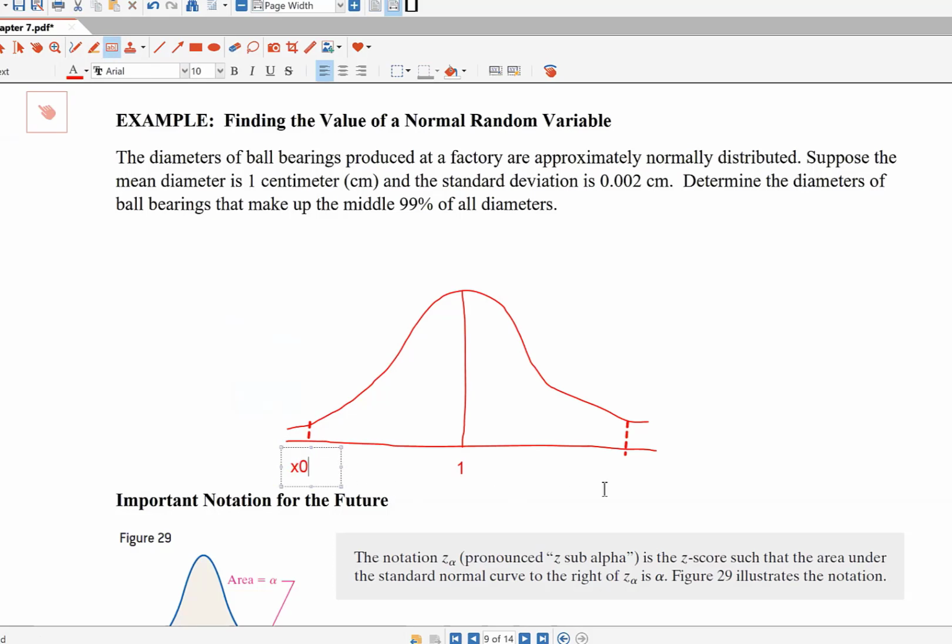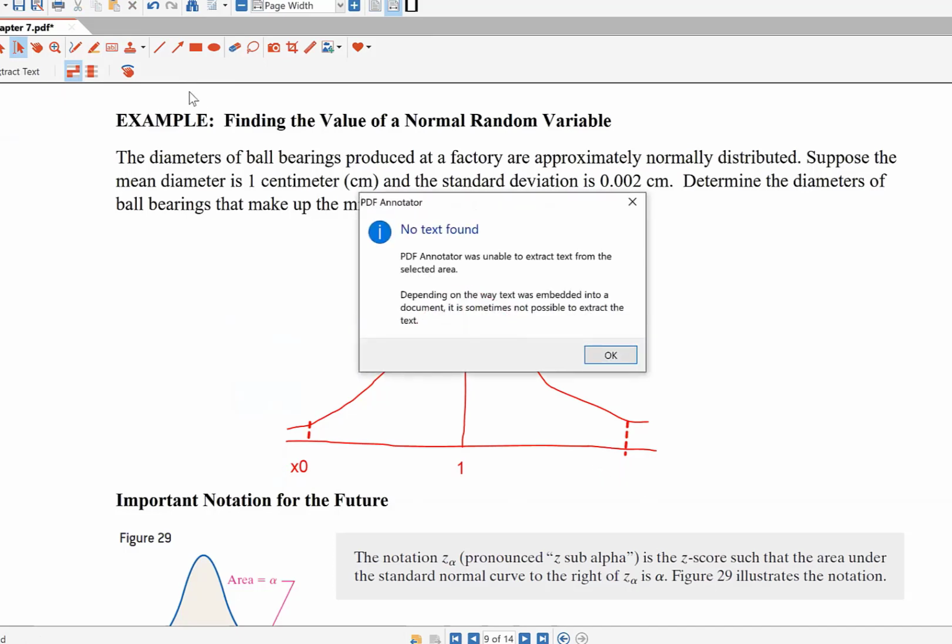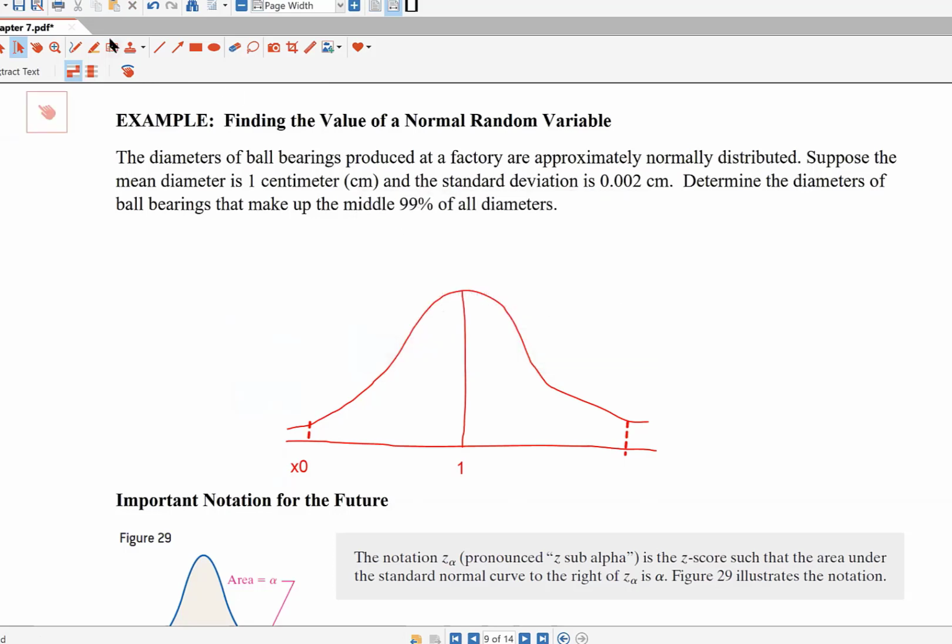I don't know this value, I'll call it X0. And I don't know this value either, I will call it X1.